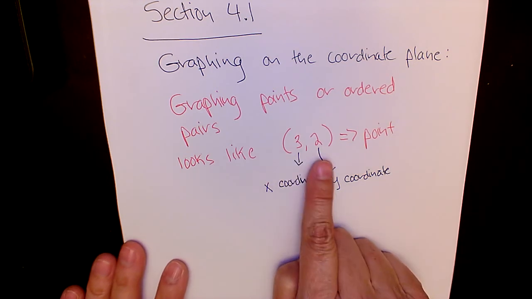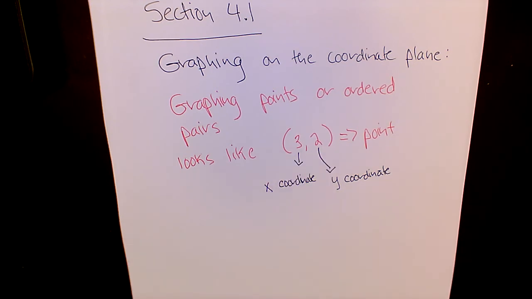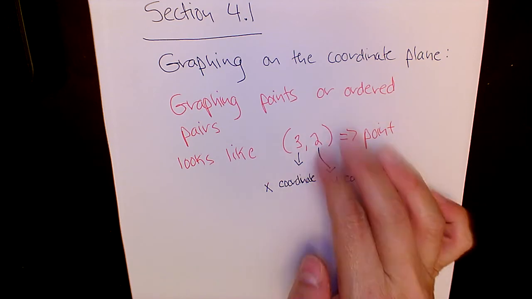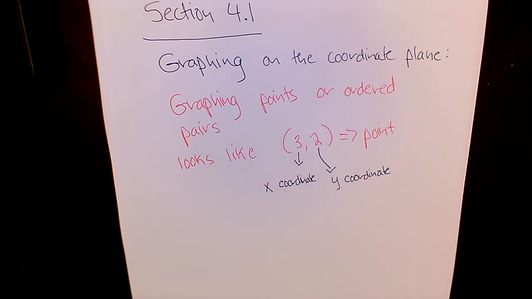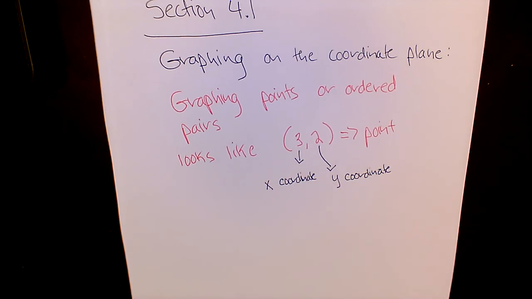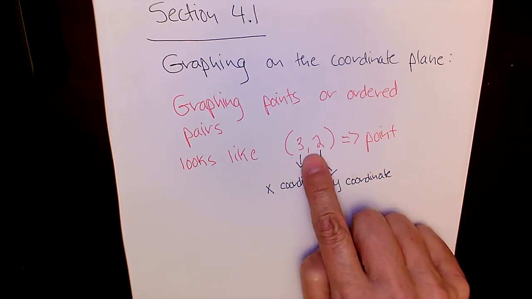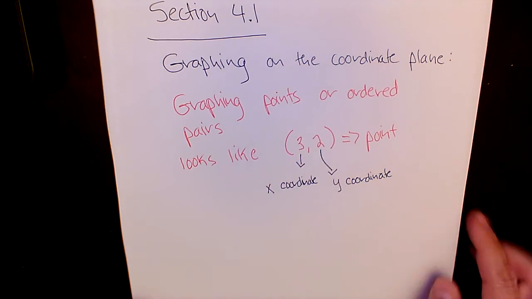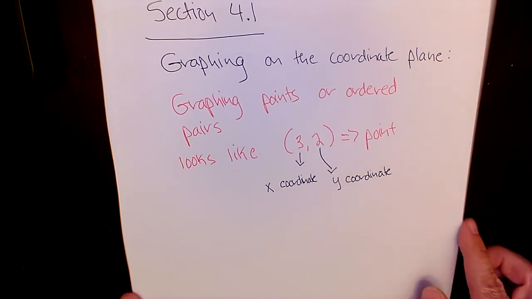It's always x, then y. And like I said before, it's got to be in parentheses. So this is always the x coordinate, this is always the y coordinate. And together they make a point. They make the point (3, 2).